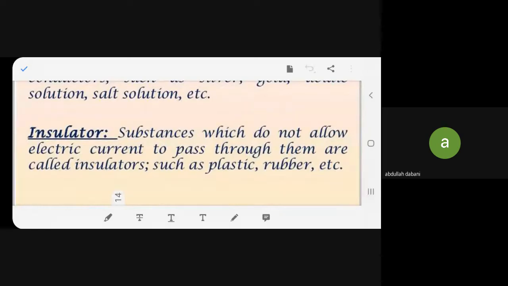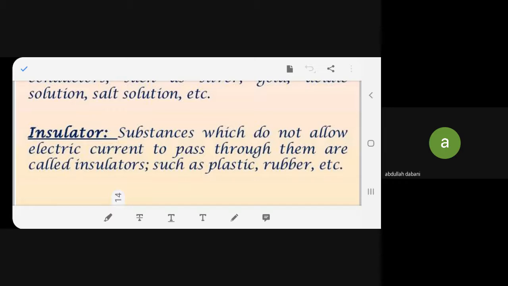Insulators are the substances which stop or do not allow the electric current to pass through. These are called insulators. For example, whenever we are ironing, we are not barefoot. Remember that. We are using bathroom slippers. Yes or no? While ironing our clothes, what do we use?